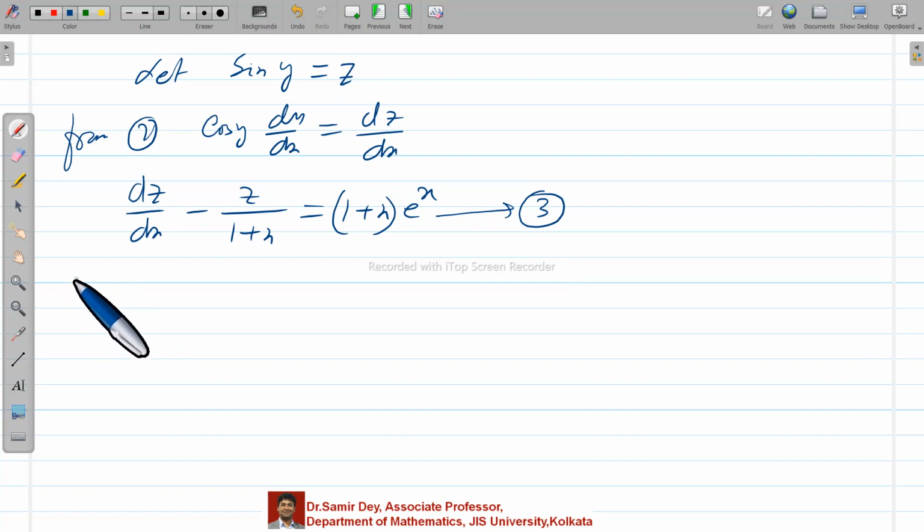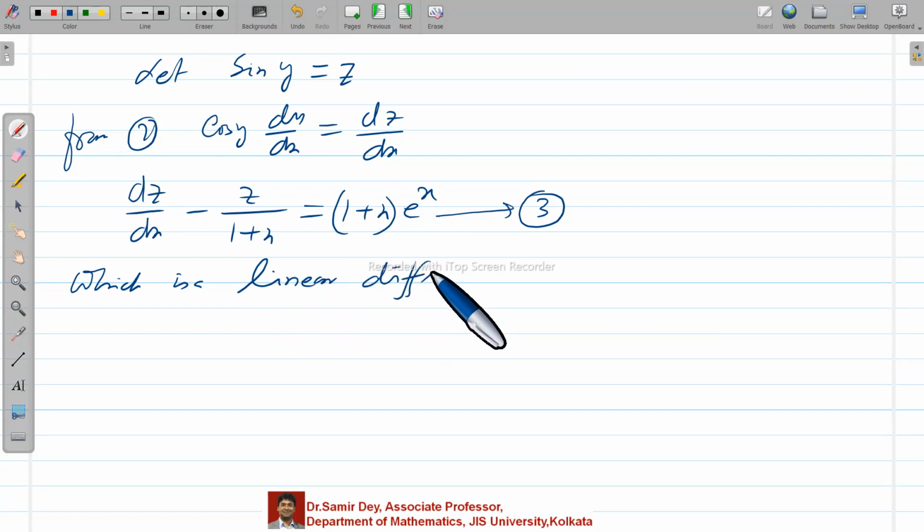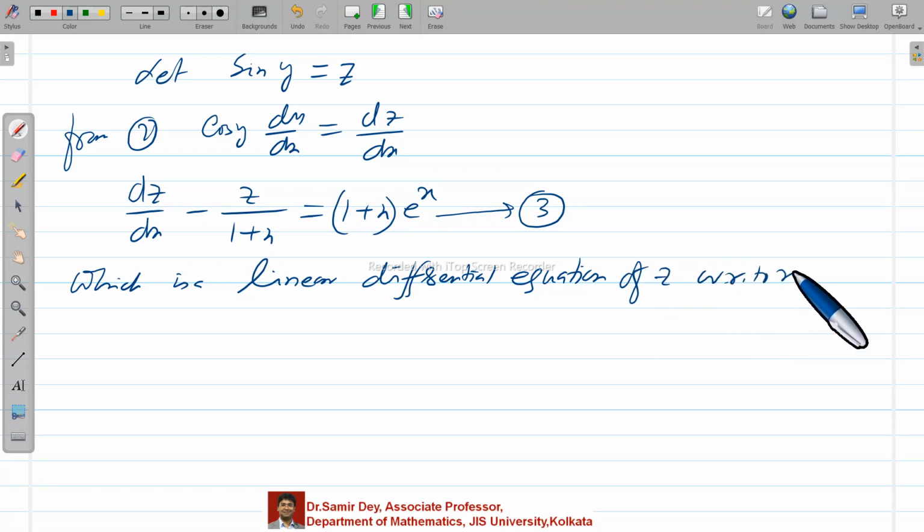What is this? Please write down, which is a linear differential equation. Now please check which variable appears only a single time, only one. Yes, only z single time. So please write down, linear differential equation of z with respect to x.